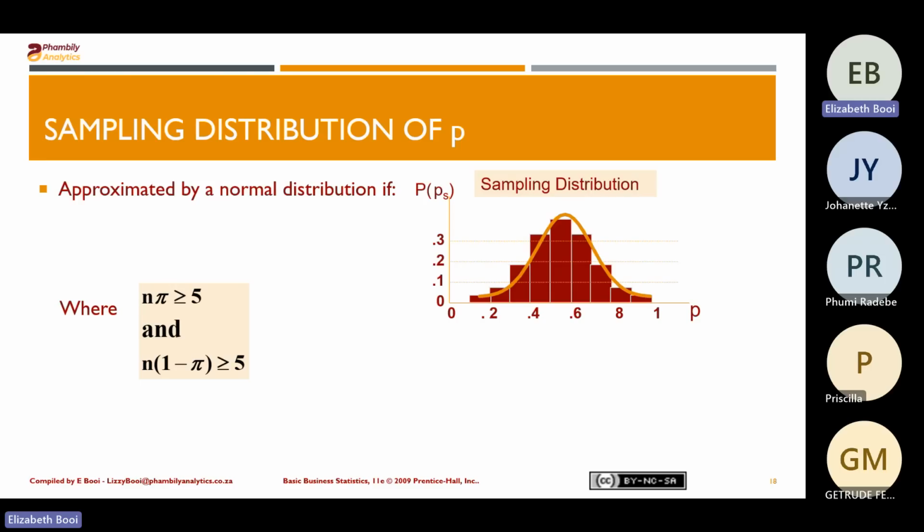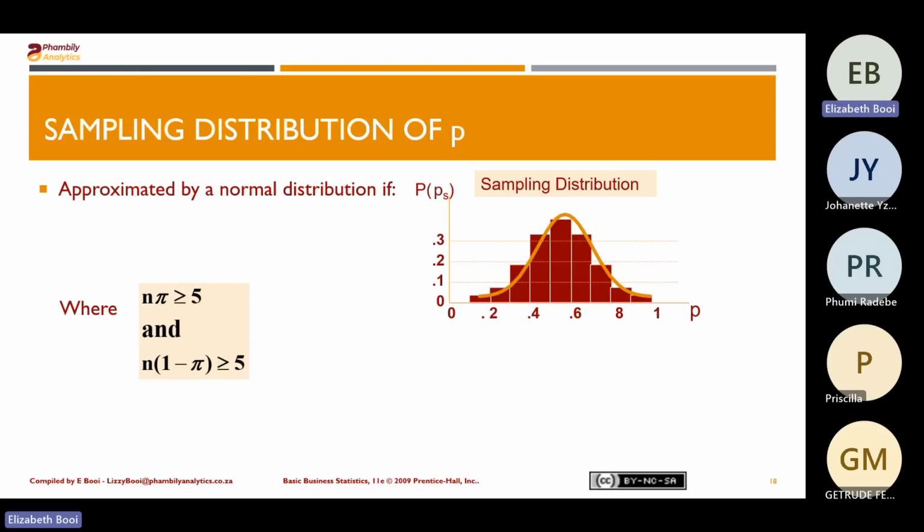So what we're trying to do with the sampling distribution is to take your population and transform that into being normally distributed, and that is only applicable when your sample size times your population proportion is bigger than or equal to 5, as well as your sample size times 1 minus your population proportion, which should also be bigger than or equal to 5.